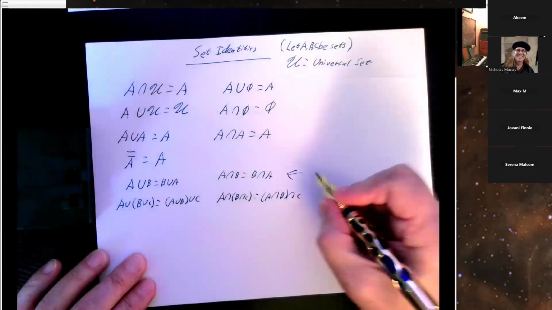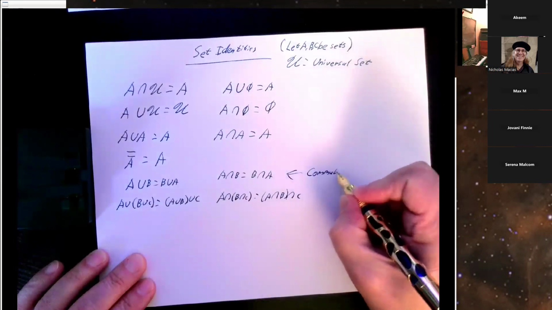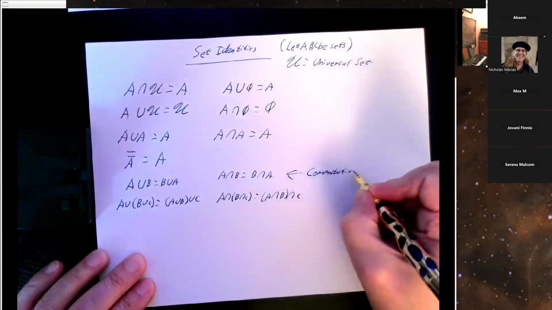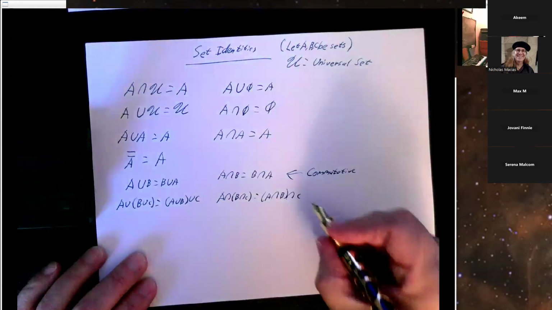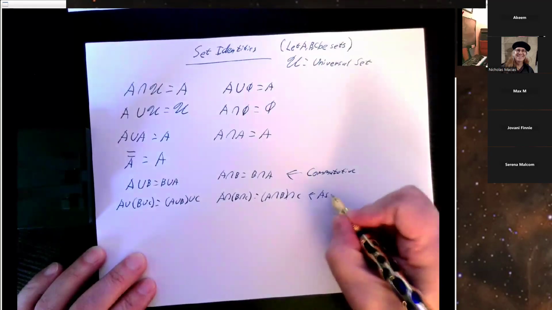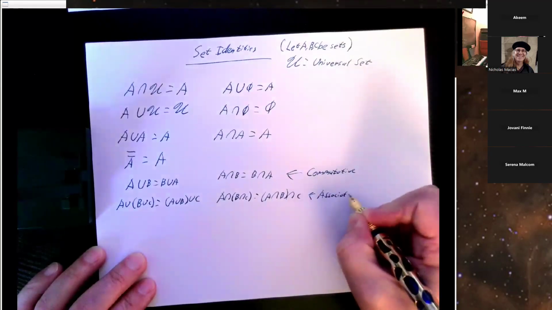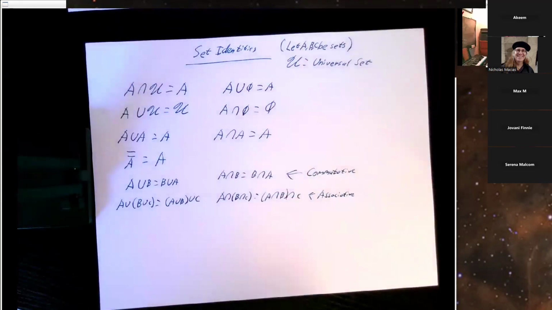So this is called commutativity, or we can say the union and intersection operations are commutative. This is called associativity. The union and intersection operations are associative operations.